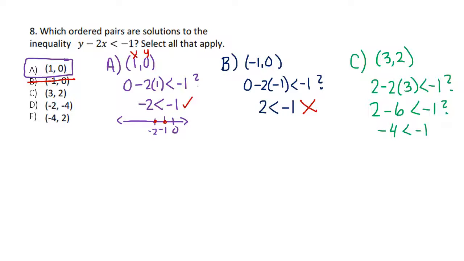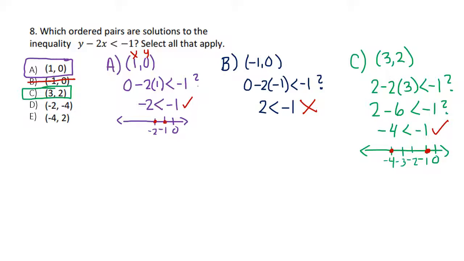Is that less than negative 1? If we think of a number line again, we have negative 1, negative 2, negative 3, negative 4. Remember, if it's on the left of a number, then it's less than. So negative 4 is on the left of negative 1, meaning it is less than. That means that C works.